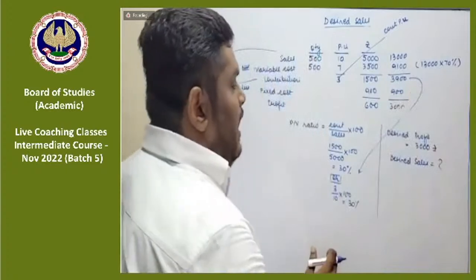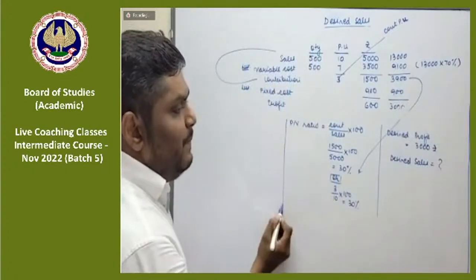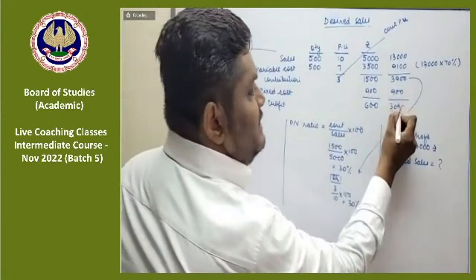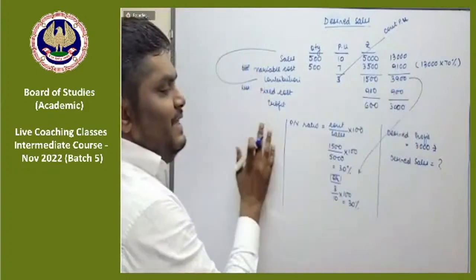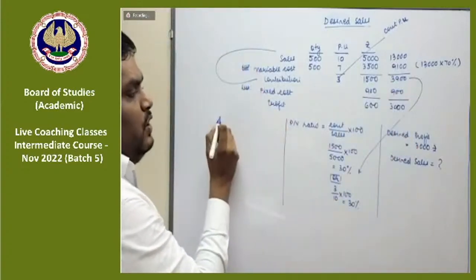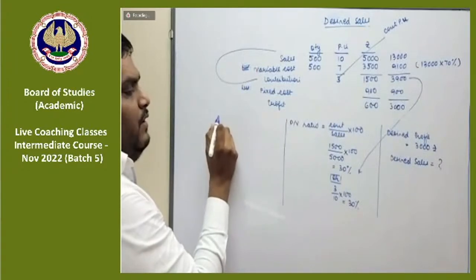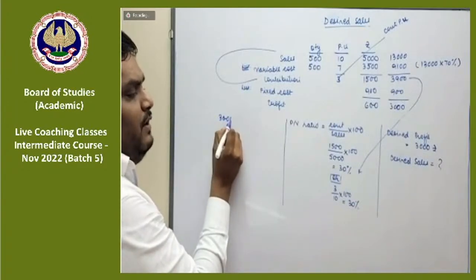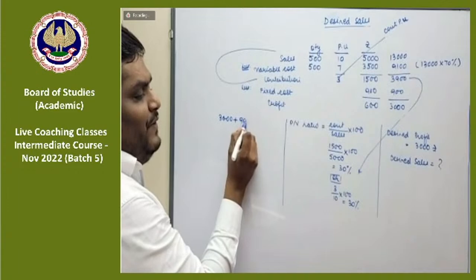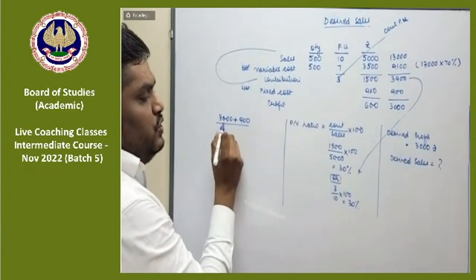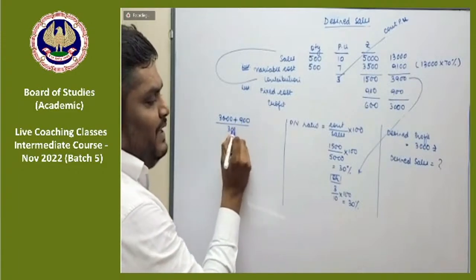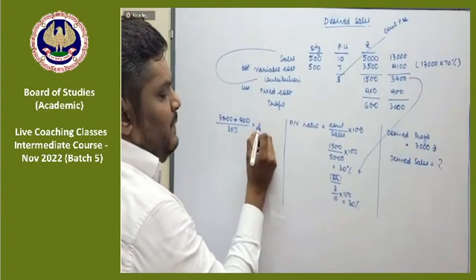So again, how is this formula derived? Very simple, guys. In desired sales, we want a profit of 3,000 plus 900 fixed cost we have to recover. So in aggregate, we have to recover 3,900 divided by 30%.